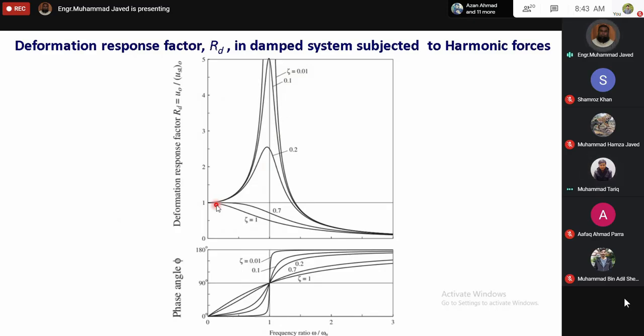It will be equal to 1. और आप देखें चाहे डैम्पिंग रेशियो 0.01 है या 0.1 है या 0.2 है या 0.7 है, लेकिन तमाम के लिए RD जो है वो approximately 1 के बराबर है. So you can say that for small values of frequency ratio, RD is approximately 1 and it is not affected by damping.